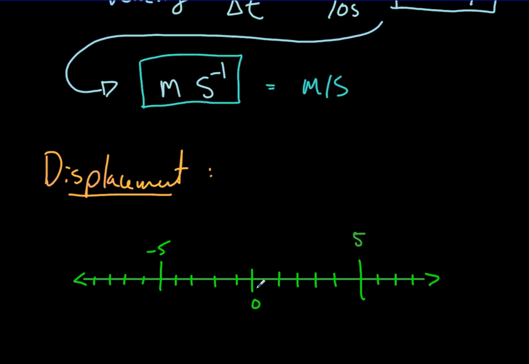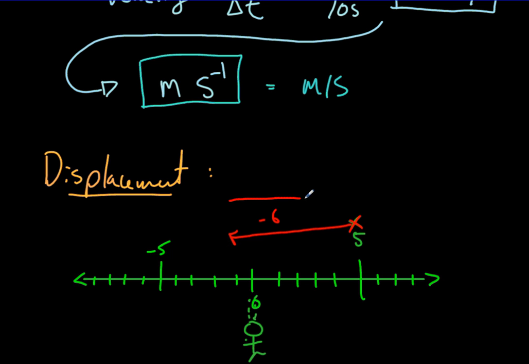So here's the observer watching some action from the origin. Let's say the bunny rabbit starts here, and I'll use a different color, starts here, and goes this way. How far did it go? Well, it went -6, or its displacement change was -6.